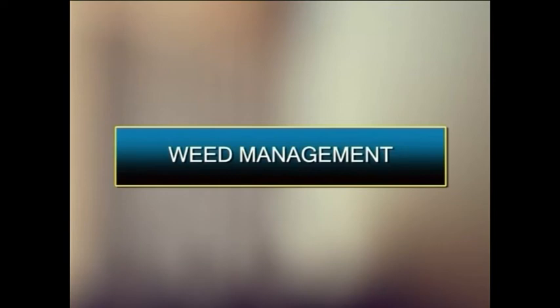Pearl millet does not tolerate waterlogging, so rainwater should not be allowed to stay in the field for more than a few hours. Next, we will see about weed management. The damage due to weed infestation is severe during the first 3 to 5 weeks after sowing.